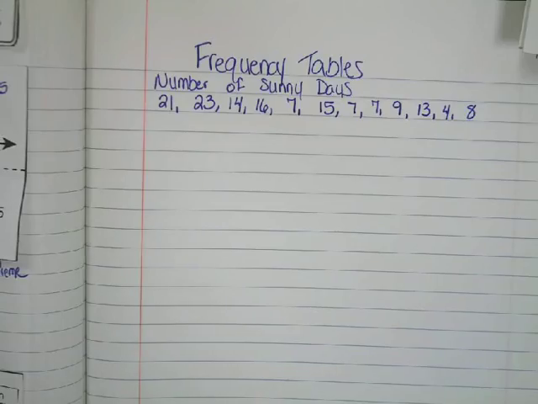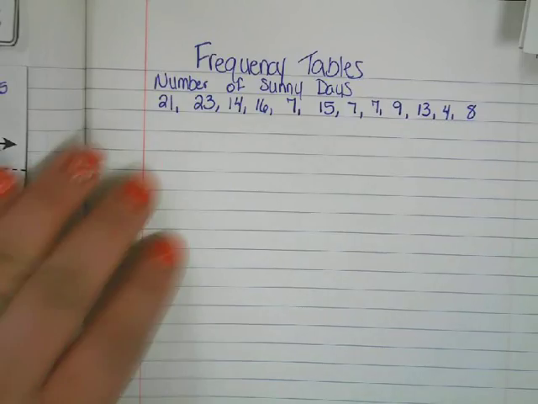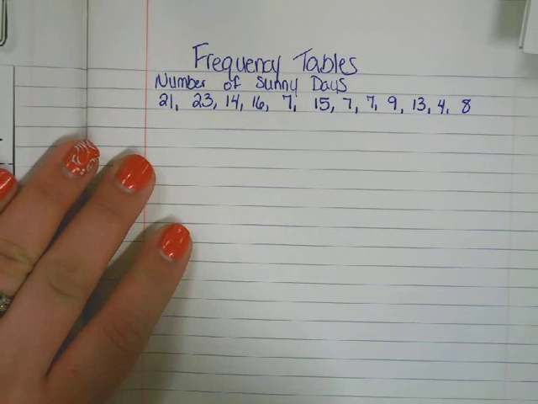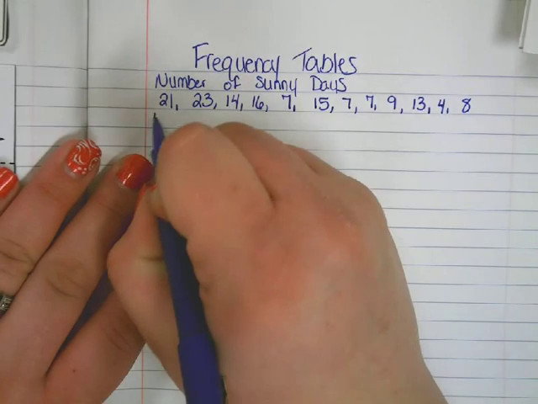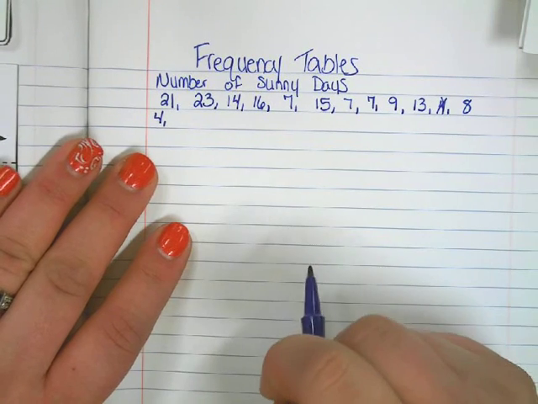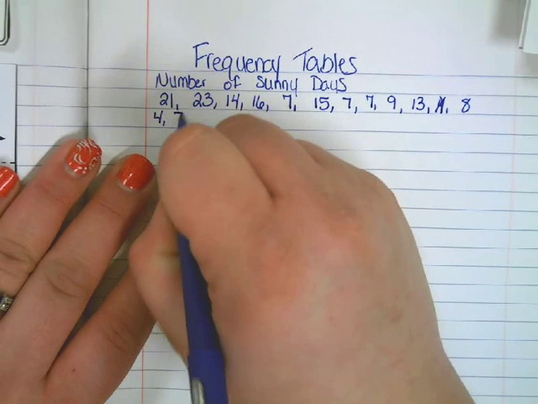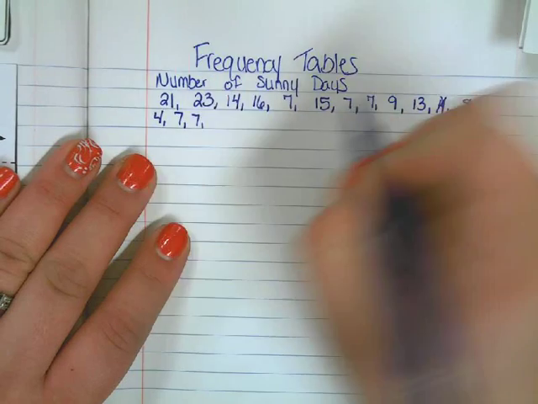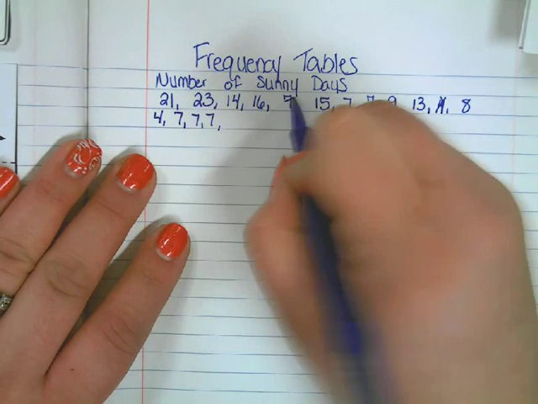So when you're given a set of data, what's the first thing that you usually do? Haley? Put them in order. So what's my smallest number? 4. I'm going to cross it out once I've used it. What comes next? 7. How many 7s do I have? 3 of them. Then what? 8.